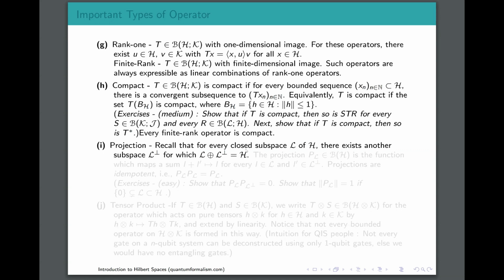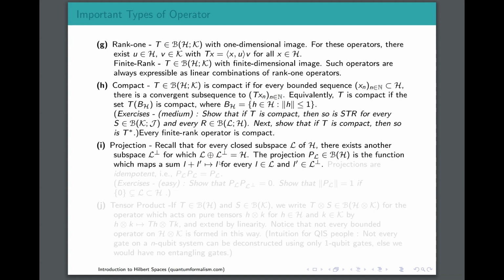Recall that for a Hilbert space H, we can take any closed subspace L of H, and we can write H as a direct sum of L and L perpendicular, short for perp. So we can write H as a direct sum of L and its complement here.